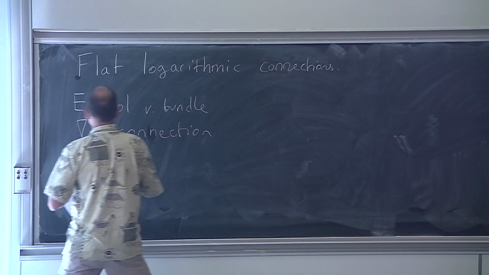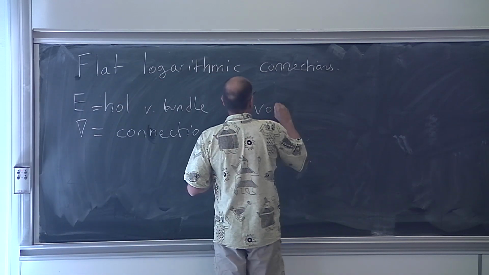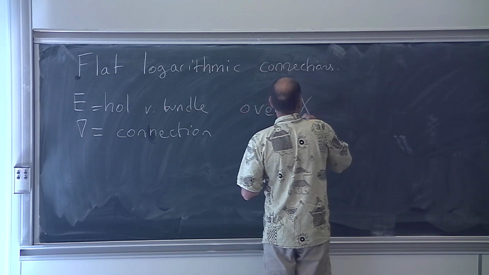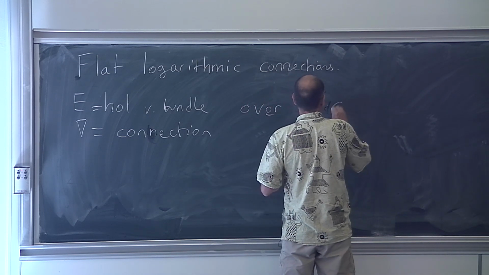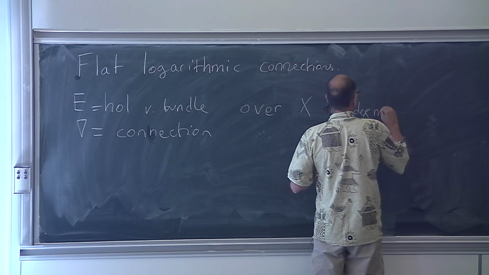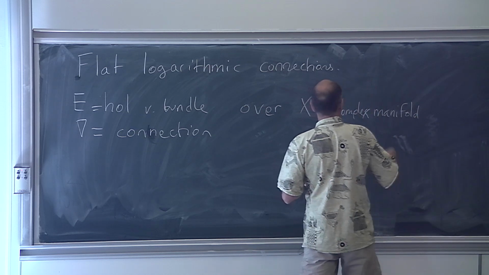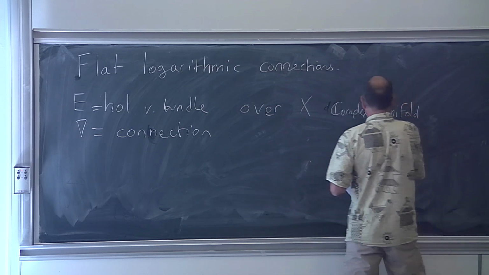So it will have simple poles. So this is over, say, X, a complex manifold, that I assume to be connected.